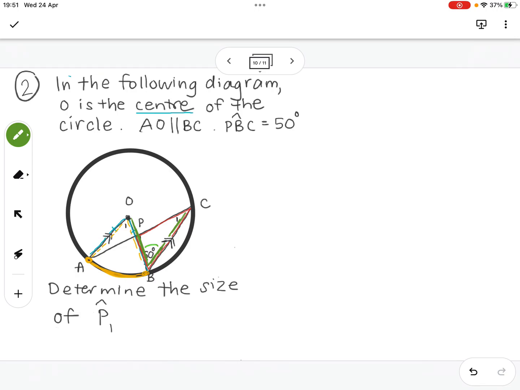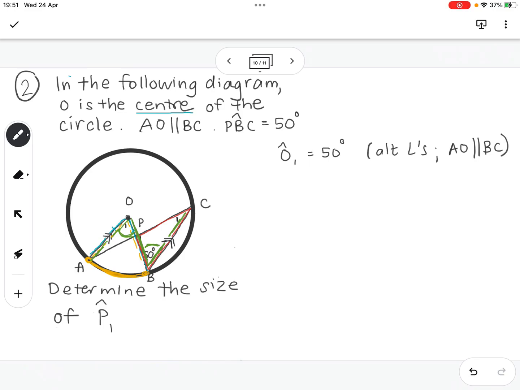So if I look at the other parallel line, I can clearly see that these angles are alternate. So that will be my start. I'm going to start with O1 is equal to 50 degrees because they are alternate angles, and the parallel lines that I used are the ones that were given.